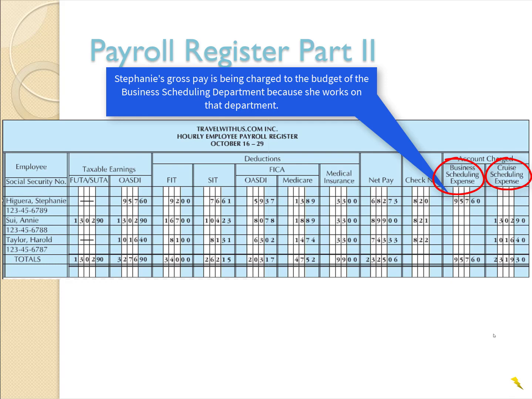And part of what goes into that budget, what goes against their budget, is the pay of the employees that work in that department. So in this example, Stephanie must work in the business scheduling department because her gross salary is being allocated to that department. And then we've got two people, Annie and Harold, who work in the cruise scheduling department. And so whoever's in charge of that department has their two salaries go against his or her budget.